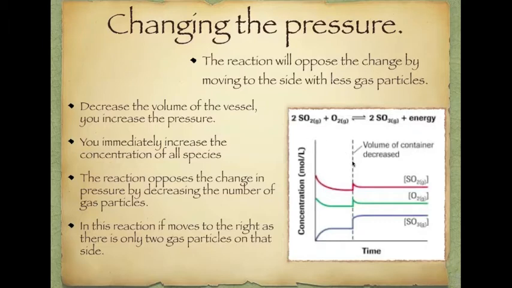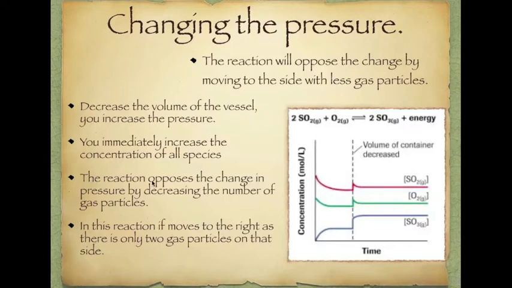If the change we're making is decreasing the volume of our vessel, which is increasing the pressure, then on a concentration versus time graph, decreasing the volume means we increase concentrations straight away. Everything increases in terms of concentration, so we immediately increase the concentration of all species. The reaction opposes this change by decreasing the number of gas particles.